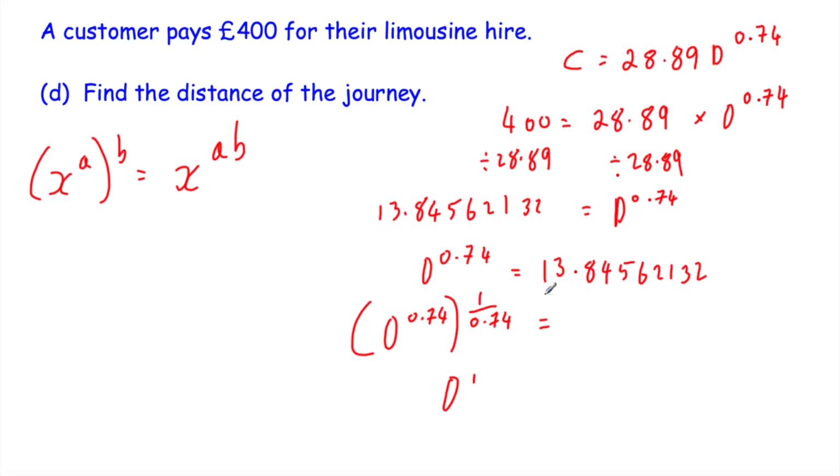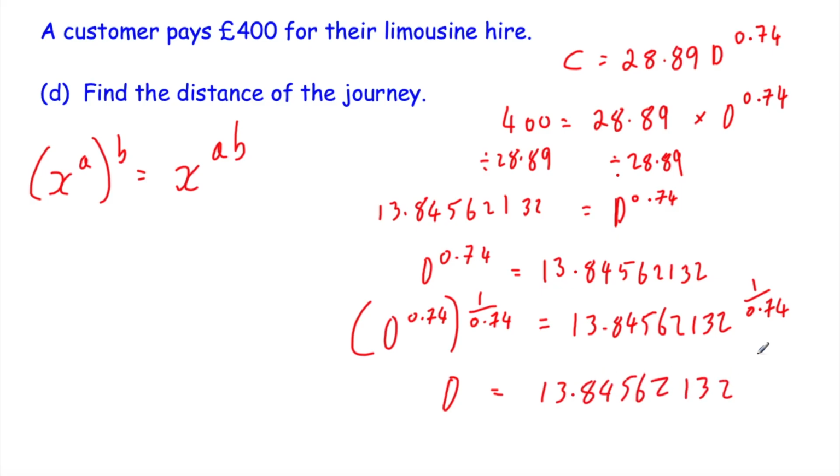We have to do the same to the right-hand side of the equation, where we had 13.84562132, and raise that to the same power, the power of 1 over 0.74. So that would give us d to the power of 1, or just d here. And on the right hand side of the equation, we've got 13.84562132 to the power of 1 over 0.74.